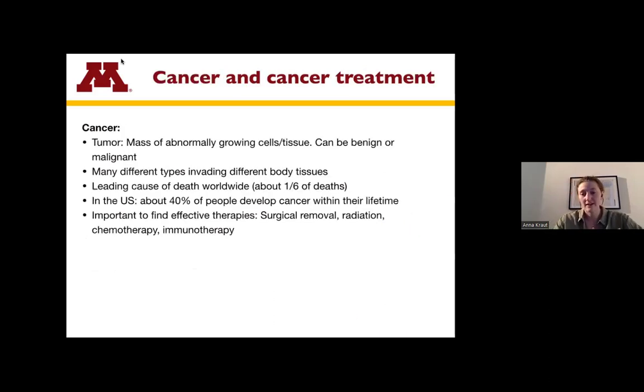All right. So a little bit about the biological background of cancer and cancer treatments. First of all, tumors are not necessarily cancers all the time. Tumors just generally describe a mass of abnormally growing tissue, but those can be either benign, which is more or less harmless.